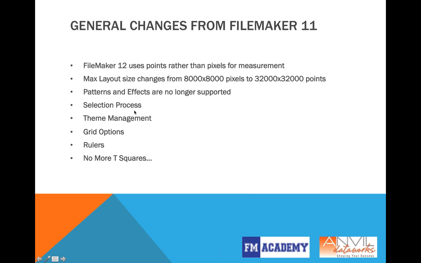The selection process is going to change a little bit, especially how we're going to be working with objects in the layout. There's, of course, I'm sure you've heard of, the new theme management. We'll look at the grid options. The rulers have changed, and unfortunately we have lost the T-squares. I was actually pretty fond of the T-squares.